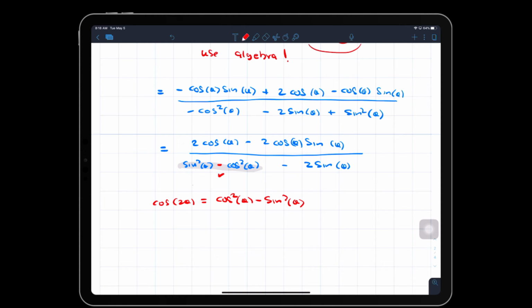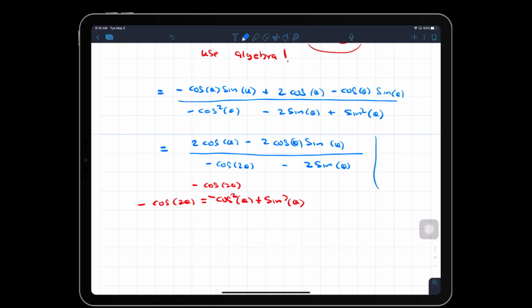I can replace this with minus cosine 2 theta. And you say, why? Well, change the signs here, and now I have that same identity. So that's a minus cosine 2 theta. Anything to help us, because we're going to need that help.